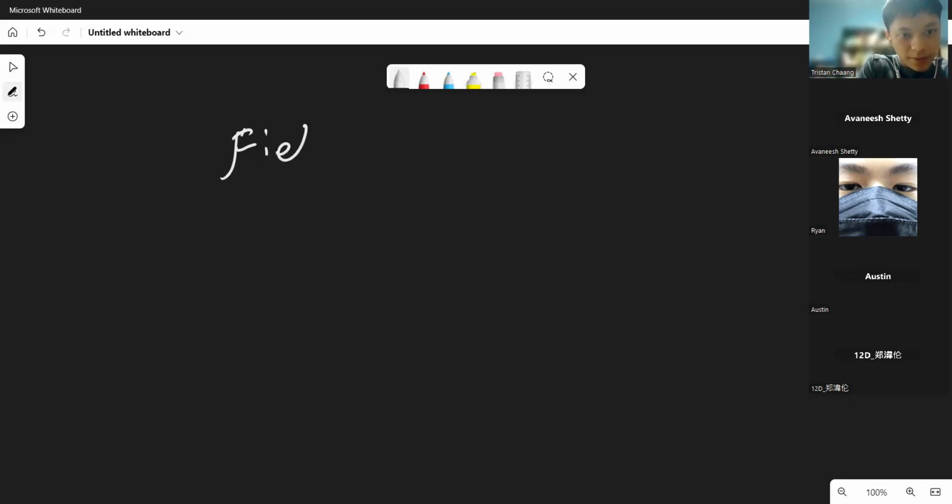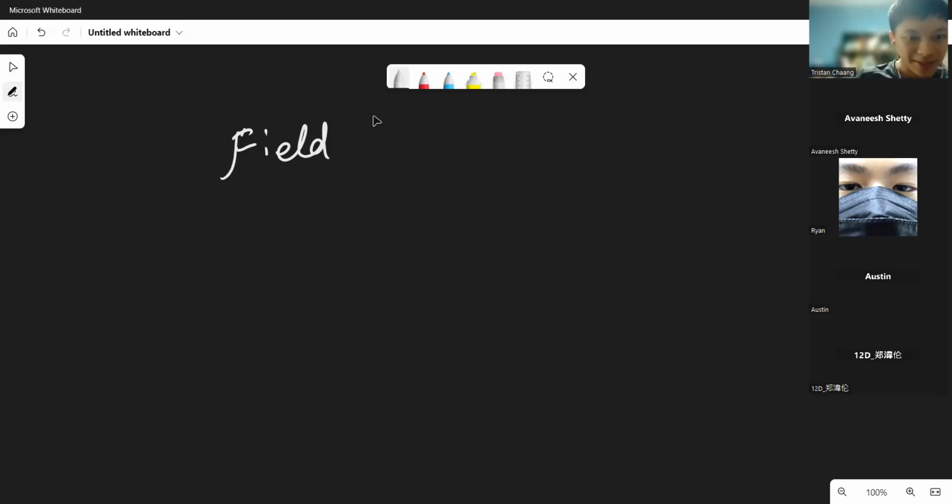So there is a very formal definition for a field, but after formally defining it, we will talk about the more intuitive way of thinking about it. So if you have your handouts, you probably need to open it up right now because the definition is quite long.